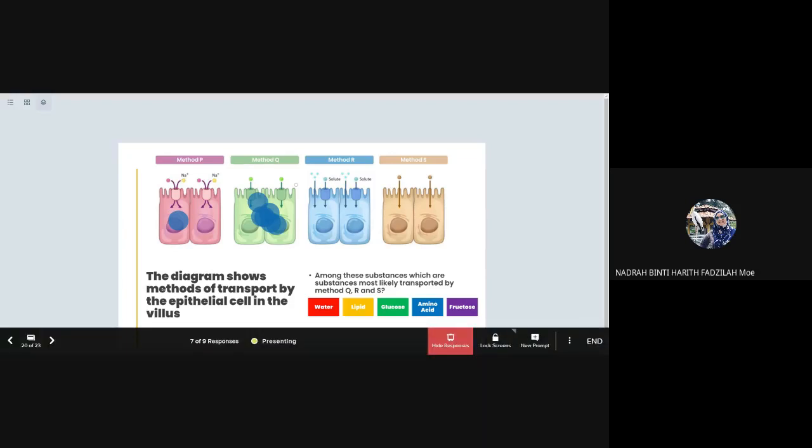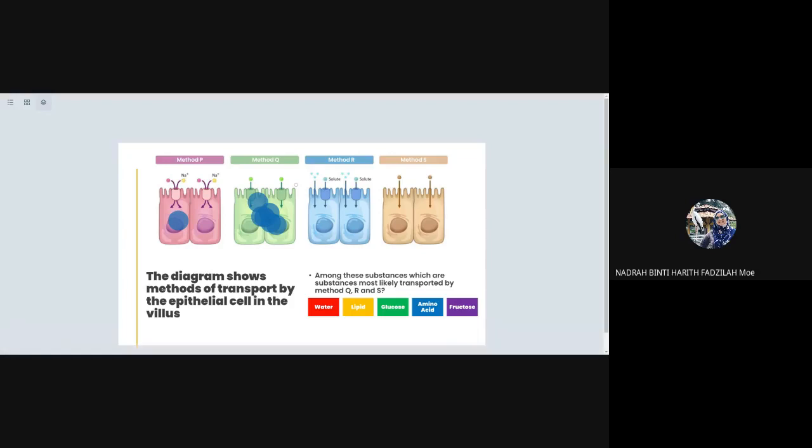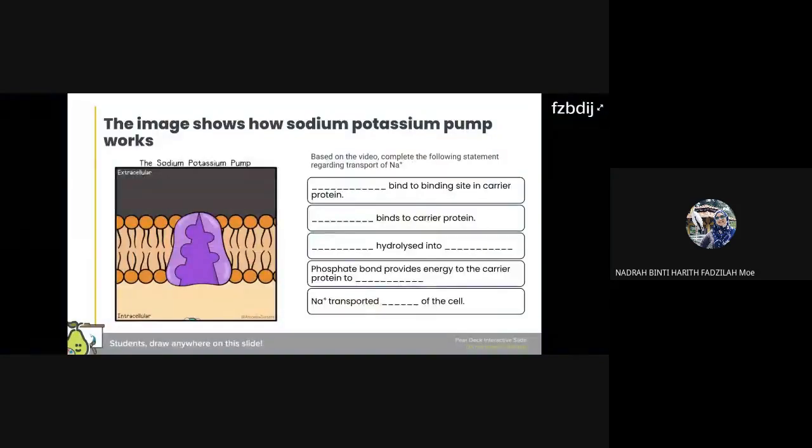So we have arrived at almost the end of our discussion. Saya nak kita ada lagi 2 slide nak go through. Okay, this one. Okay, a good example of active transport is sodium potassium pump. Okay, cuba kamu lengkapkan slide ini sambil tu saya jelaskan ya.